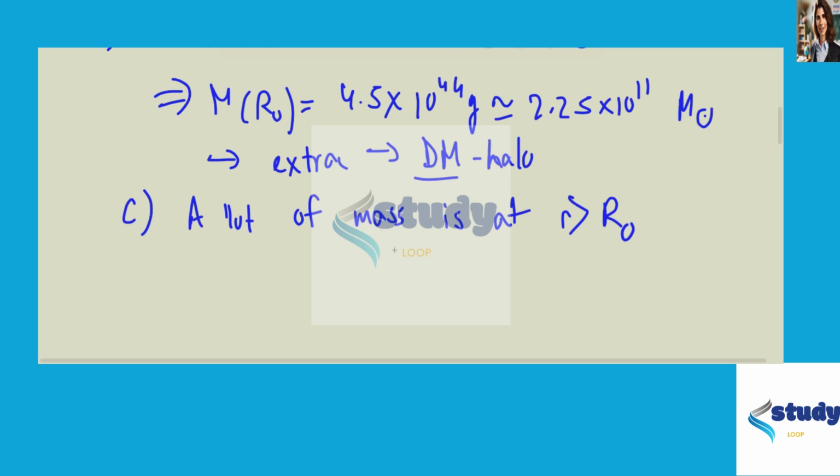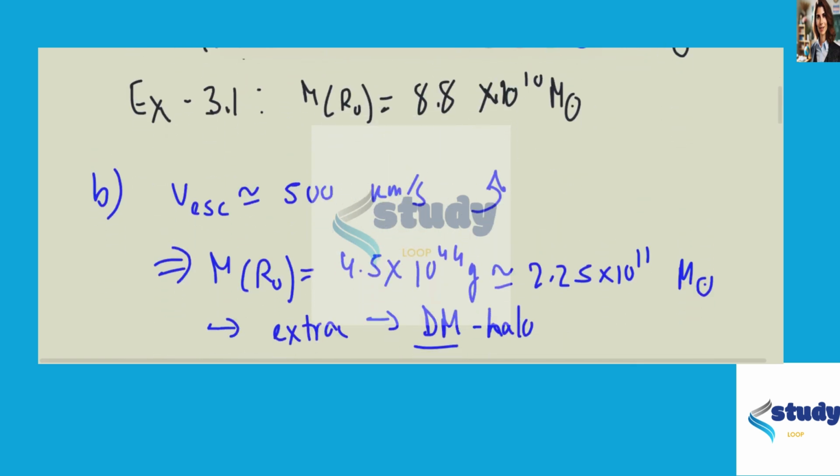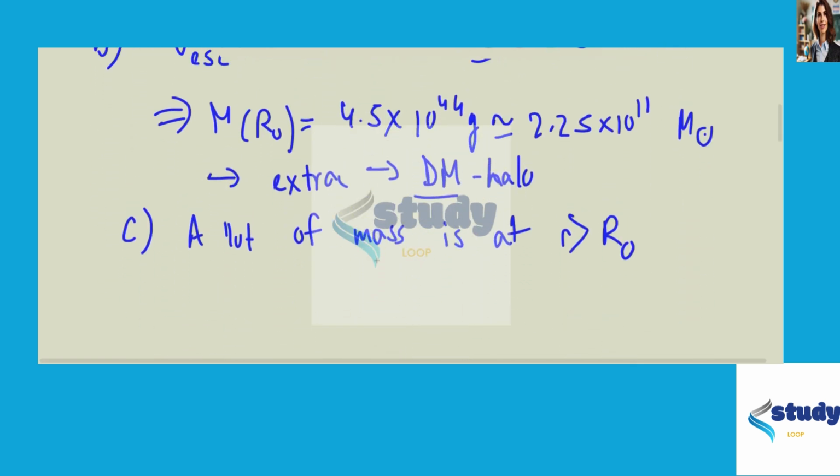It does appear that this is spherically symmetrically distributed, and this mass beyond r naught does not really affect the motion of stars in our solar neighborhood. So estimating the mass of the galaxy from stars near our neighborhood does not work very well, and does not give us a very accurate answer.